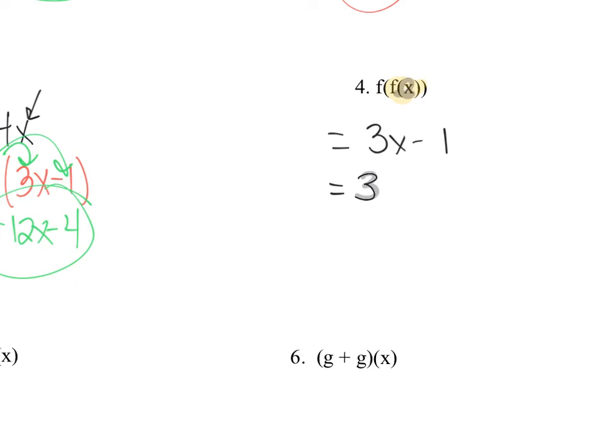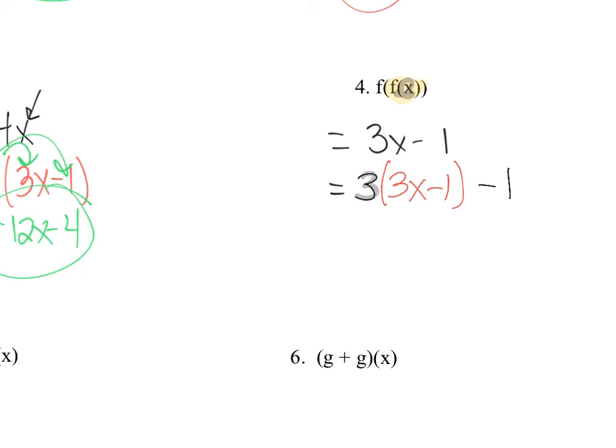So if the parentheses say f of x, then we're plugging in f of x into f of x. Okay? So every time I see an x, I'm plugging in 3x minus 1. What did I forget? Good, I did that on purpose. I don't want you guys to forget that minus 1.